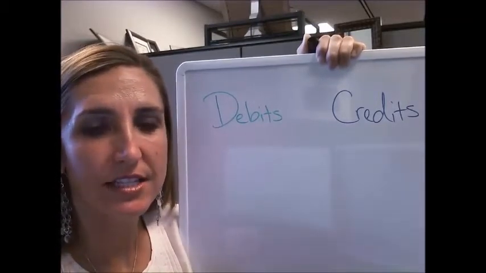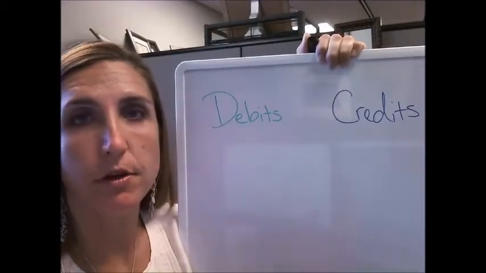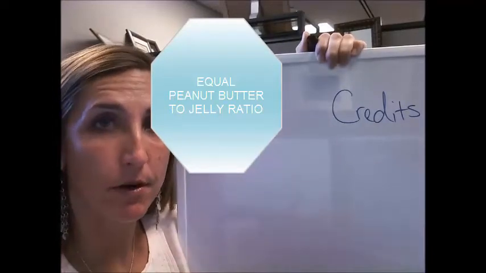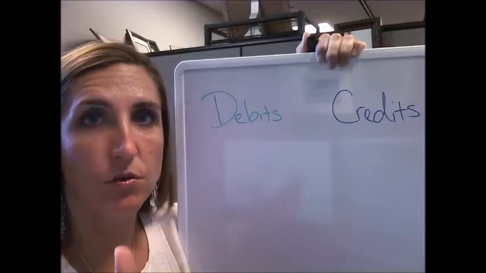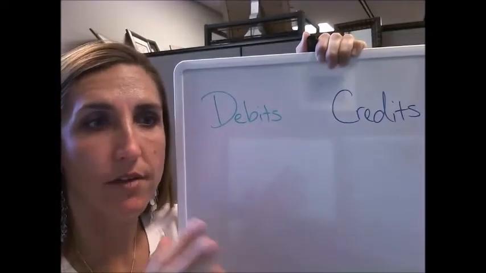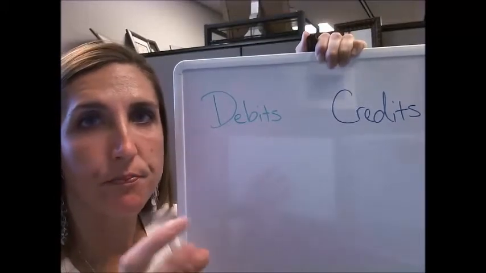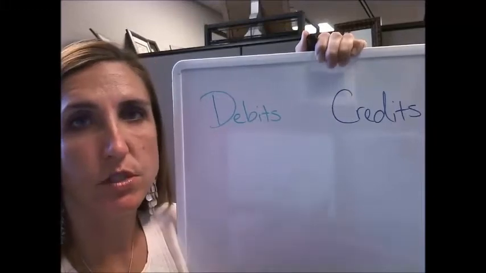I use it as a way to describe if you were to make a peanut butter and jelly sandwich, and you would put the same amount of peanut butter on one side as you would jelly on the other side. So neither is overpowering. We have to have, number one rule, the same amount of debits as we do credits. The same amount of credits in each transaction as we do debits.